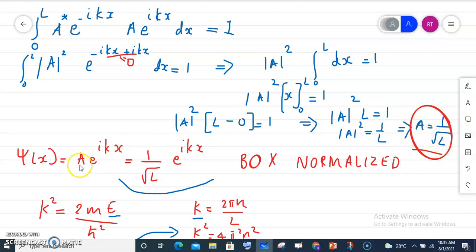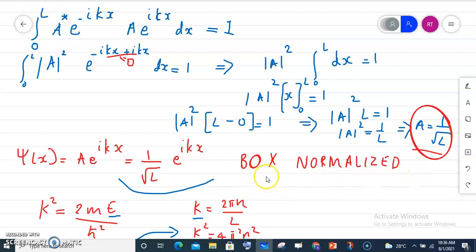So we have obtained the constant A, that is 1 by square root of L. Giving that value, we have the wave function 1 by square root of L into e raised to ikx. Since we have applied the periodic boundary condition of a box of length L and obtained the wave function using the normalization constant 1 by square root of L, we say that the free particle is box normalized now.